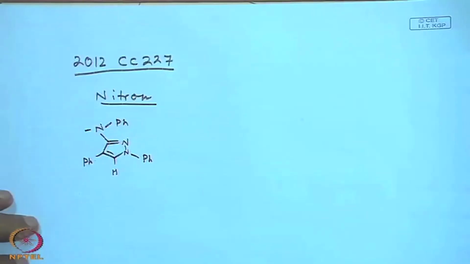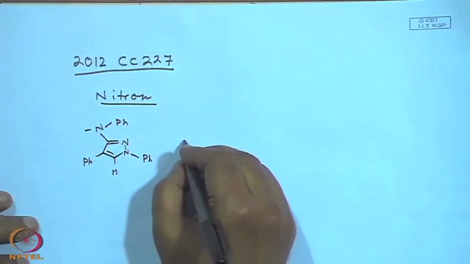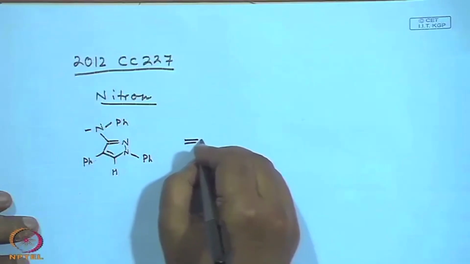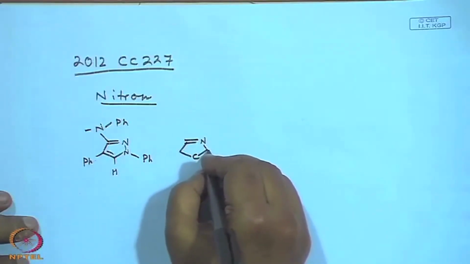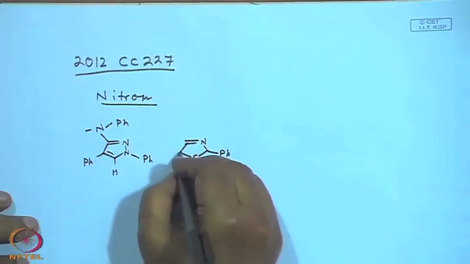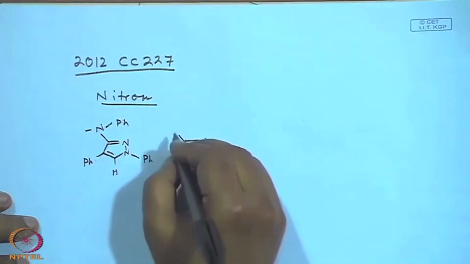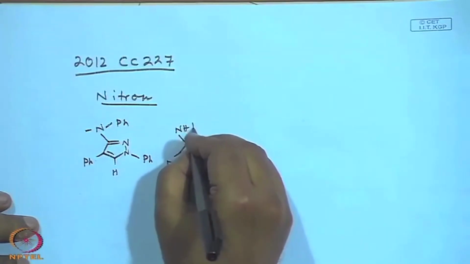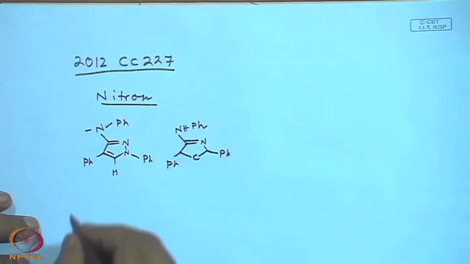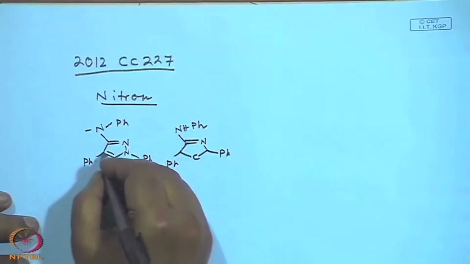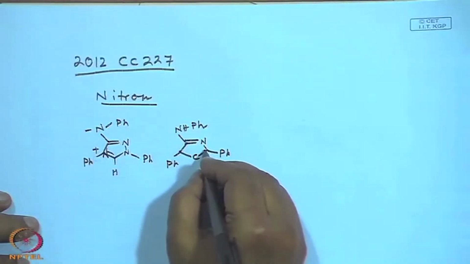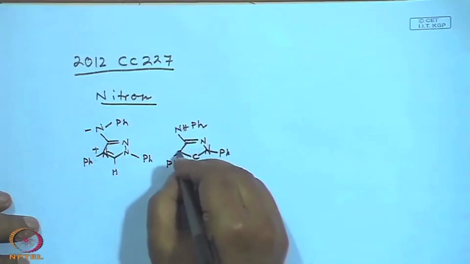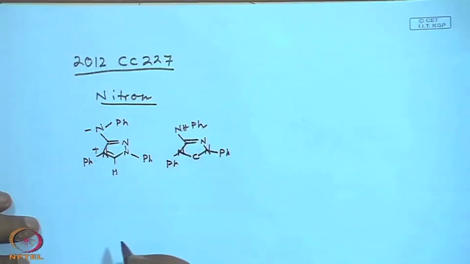But only recently a group of scientists has proposed that this structure is wrong, and the structure is this. There is a nitrogen up here, a triazole. So nitrogen should be also here and also here.